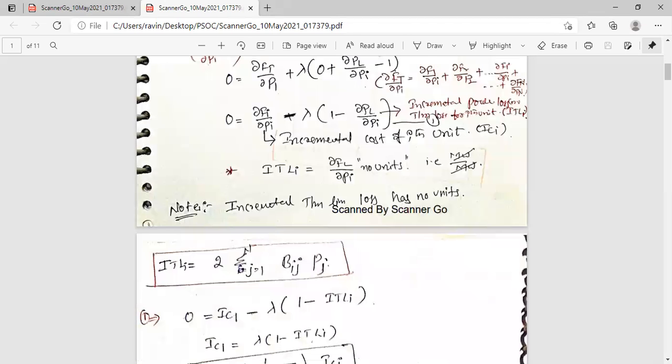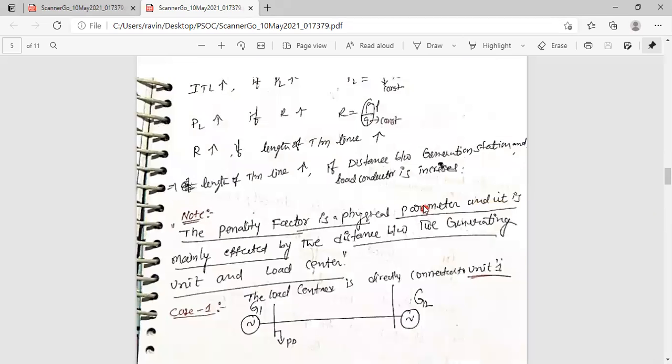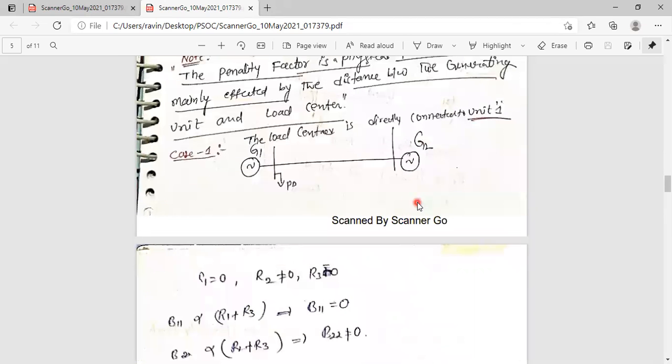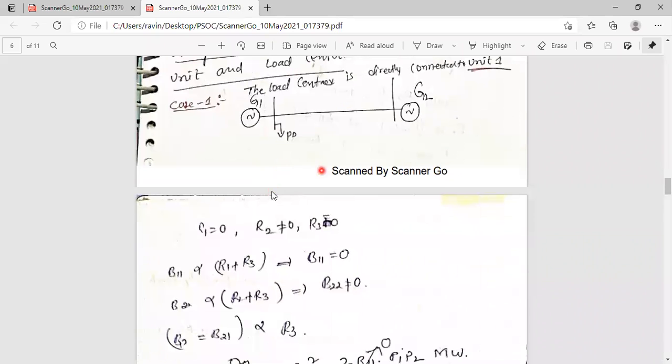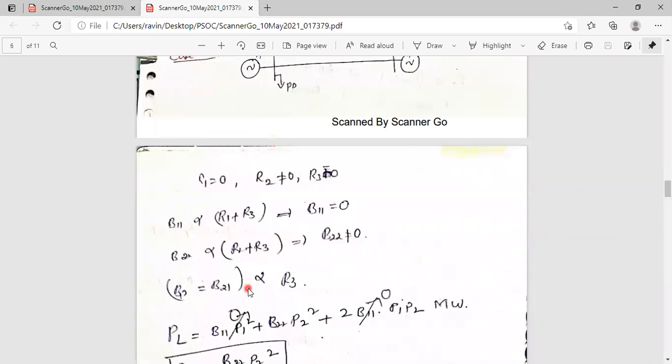If load is connected to generator one, nearby generator one, your coefficient B11 is equal to 0, but coefficient of B22 is not equal to 0. So consider only the B22 coefficient.